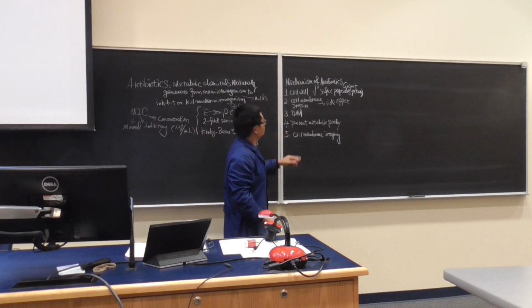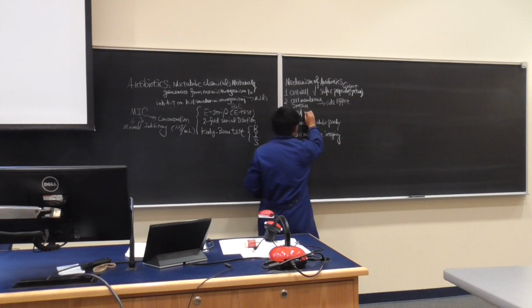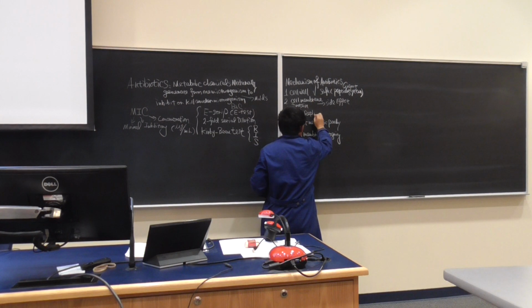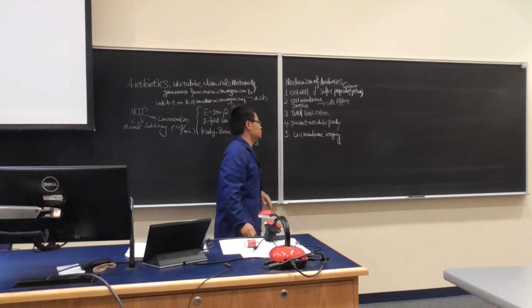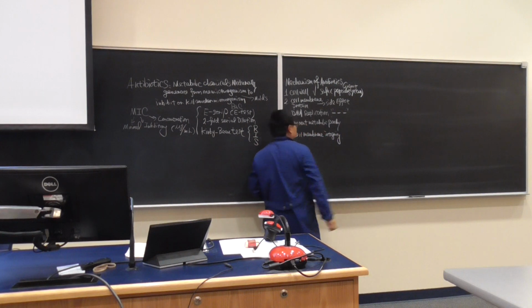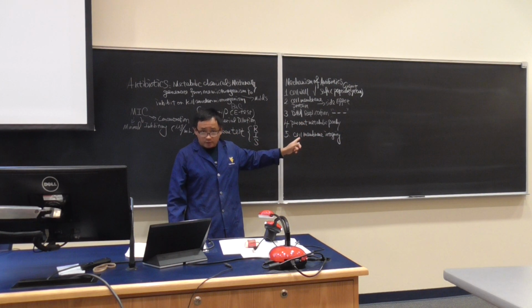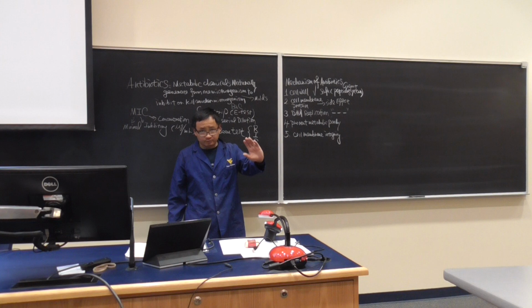Some of the antibiotics may attack the DNA replication process. We will talk about it in detail shortly, but I want to tell you one thing: this is the least effective one. Why? Because bacterial replication, as we learned, is a very general procedure.